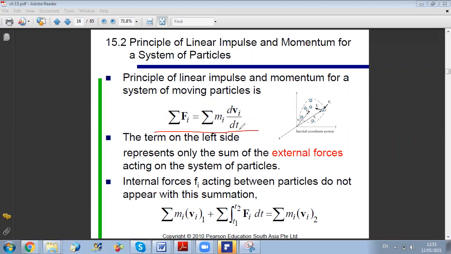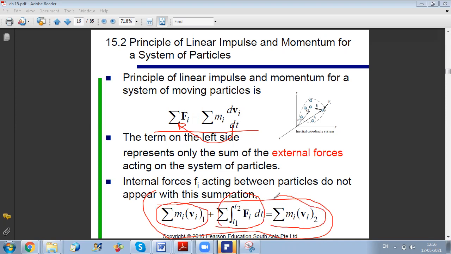So if we do the same procedure here, take dt to the other side and integrate both sides, we get the summation of mi vi, which is the summation of linear momentum of all particles at state 1, plus the summation of external forces impulse, which is the summation of integral of Fi dt between t1 and t2, equals the summation of linear momentum at state 2.